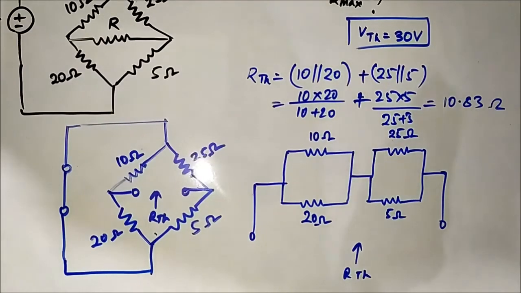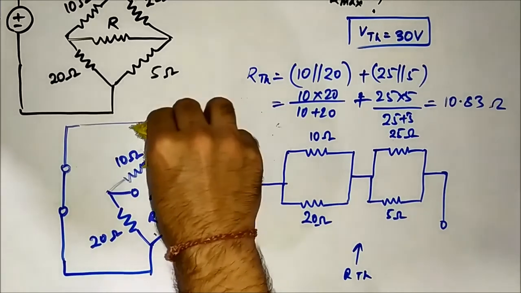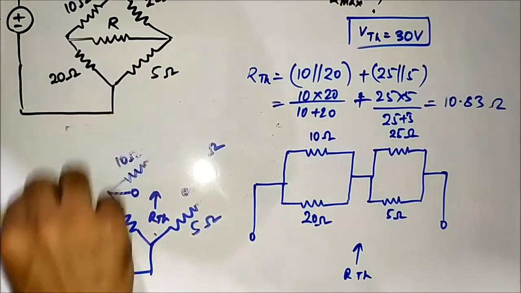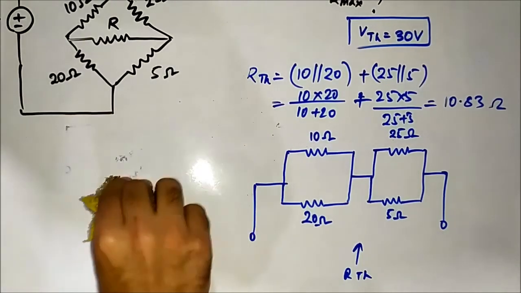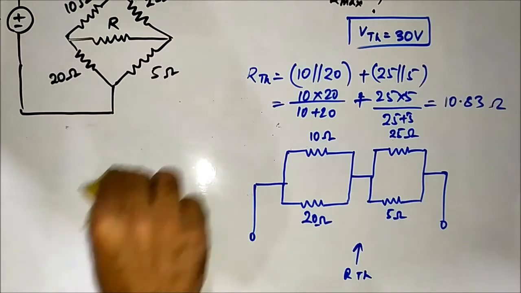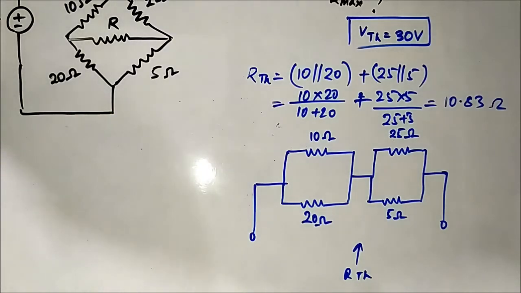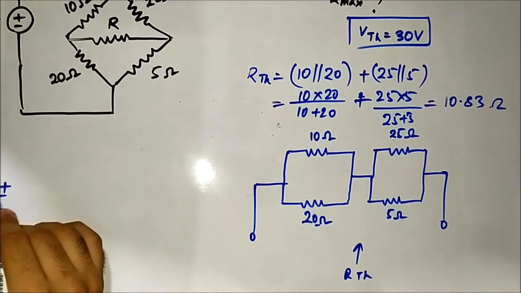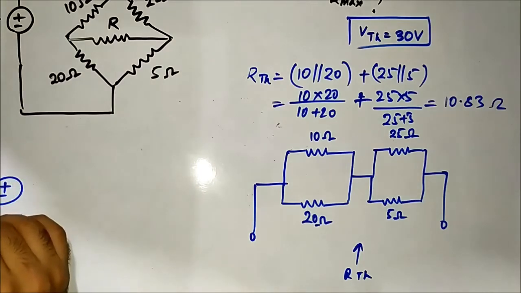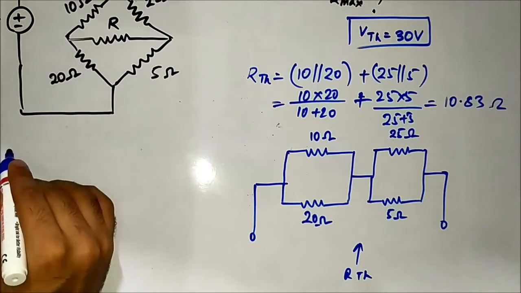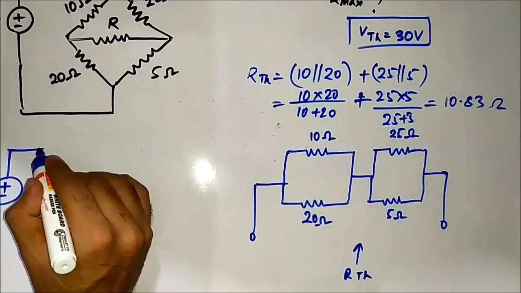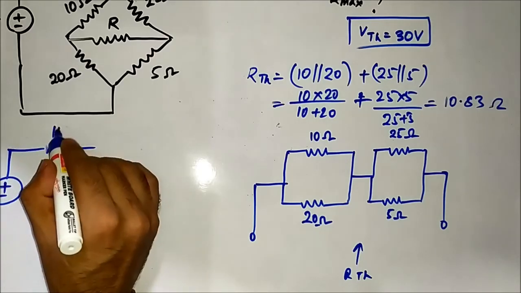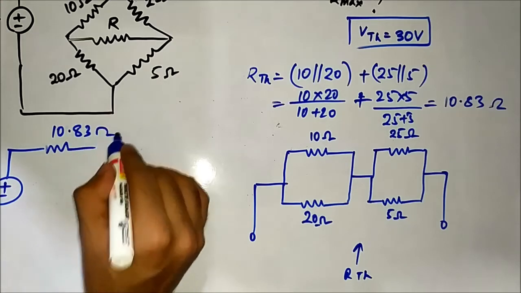10.83 ohms RTH. As per the statement of maximum power transfer theorem, maximum power is transferred to the load resistor if its value is equal to the internal resistance, the Thevenin resistance. So in this case, the Thevenin voltage is 30 volt. The Thevenin resistance is equal to 10.83 ohm.